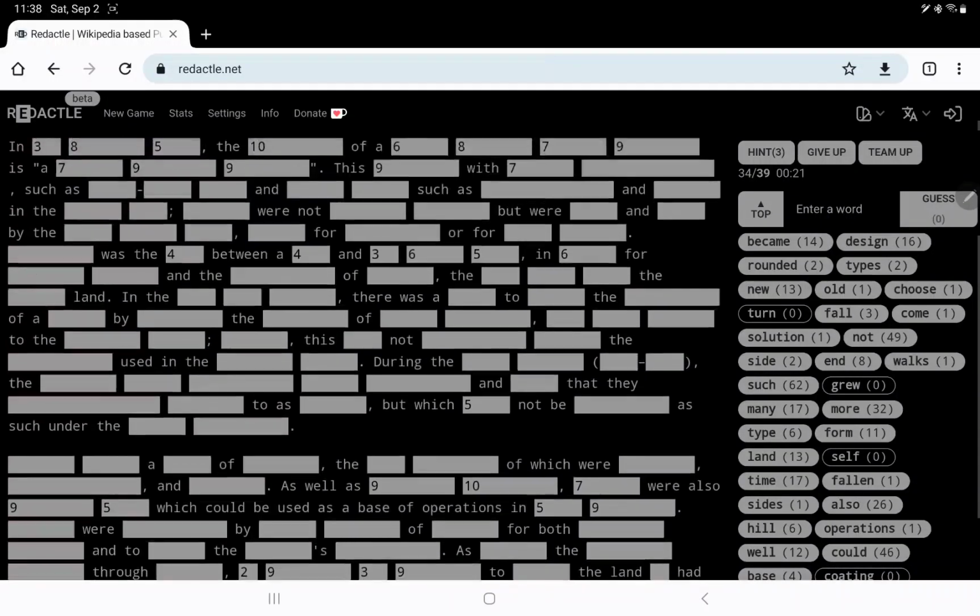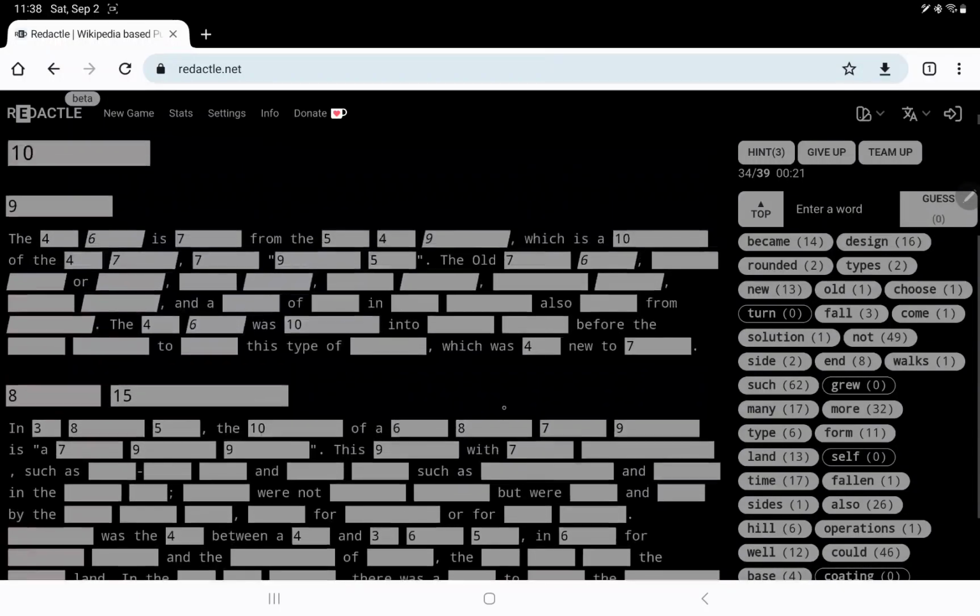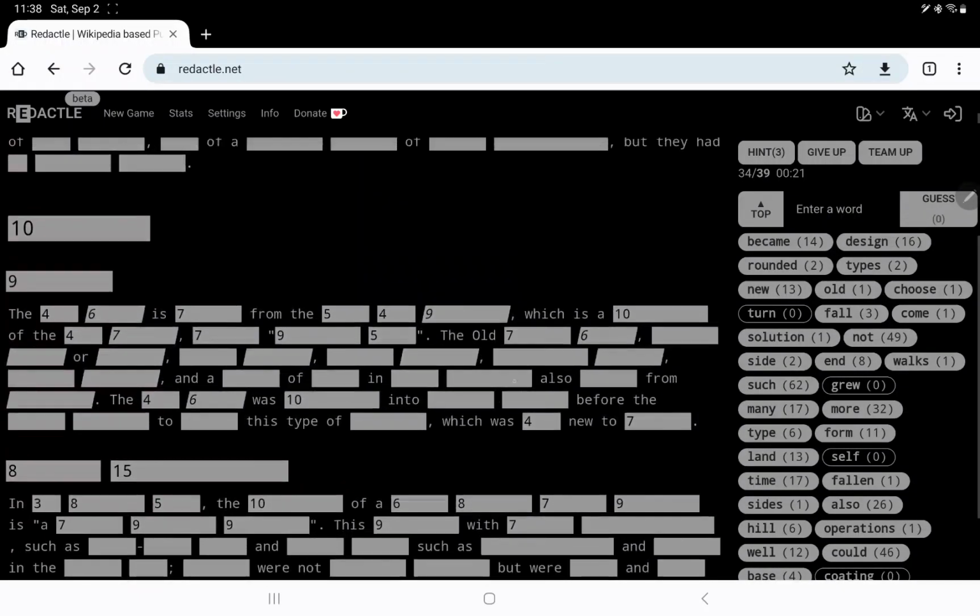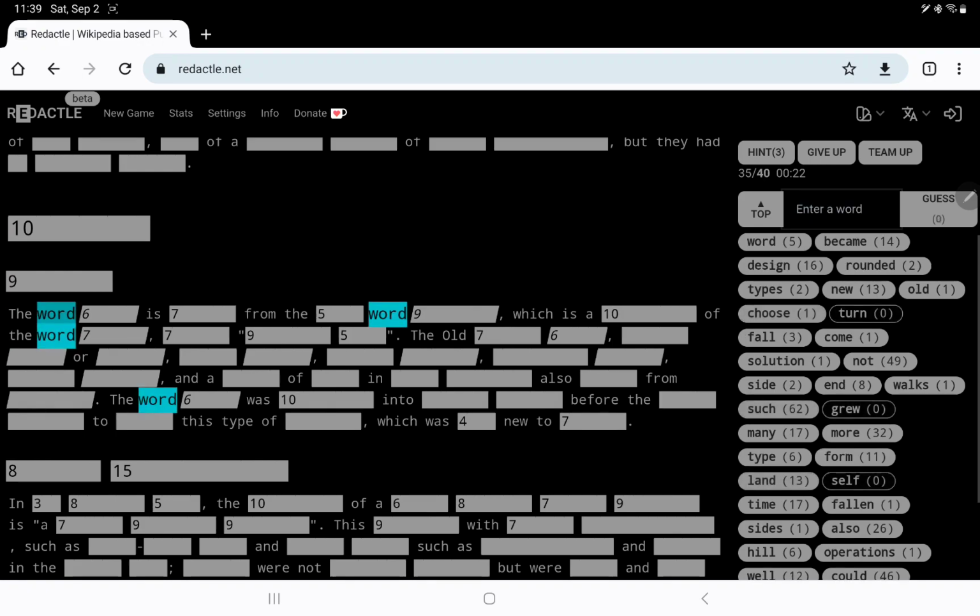Oh yeah, I need to think about this base of operations. The old capitalized 7. Oh, I think that's a language then. Oh yeah, because we're in the etymology. Oops, etymology. Still have a little comma in there.